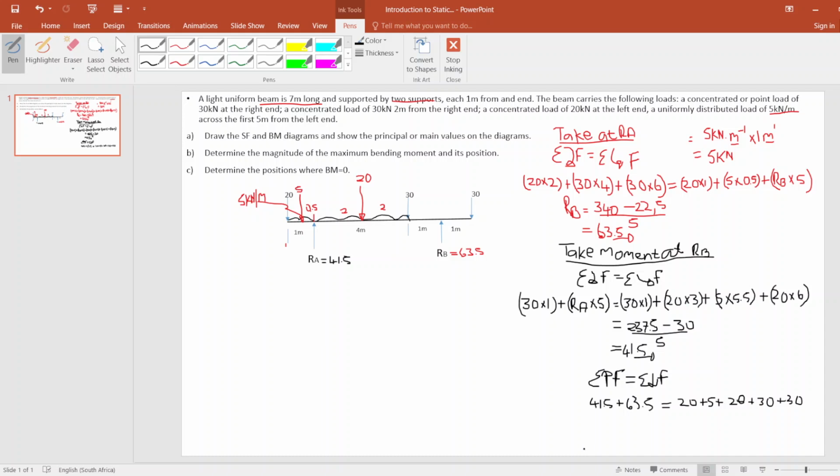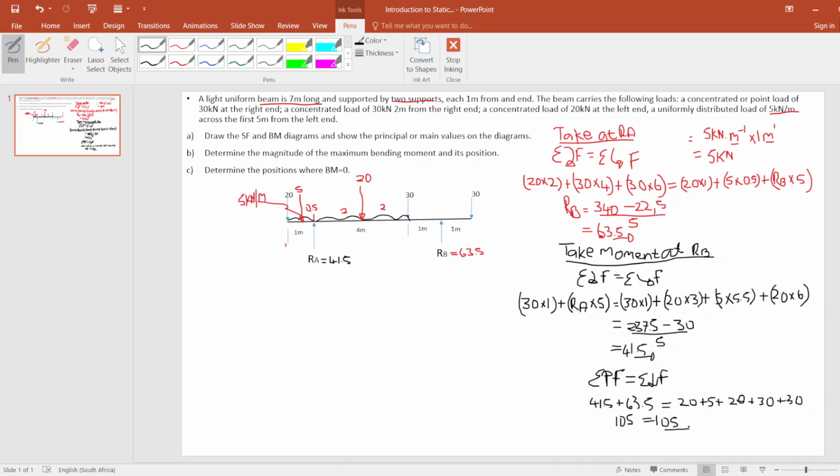Now let's add them and see if they balance. On the left hand side, I get my answer as 105. Then on the right hand side, it is 20 plus 5 plus 20 plus 30 plus 30. I as well get 105.